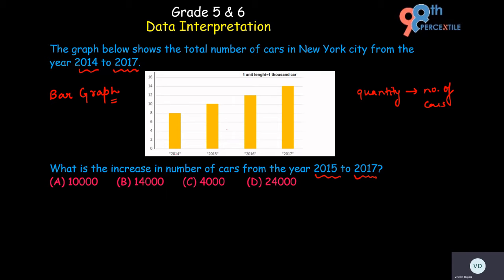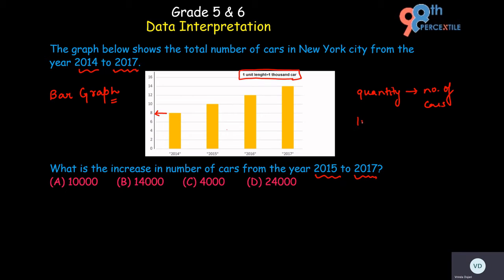For example, if I talk about the year 2014, what is the height of the bar in year 2014? Its height is 8. So that means that in the year 2014, the total number of cars were 8. But it's also necessary to read the scale of the graph. Here, the scale tells us that 1 unit length is equal to 1000 cars.